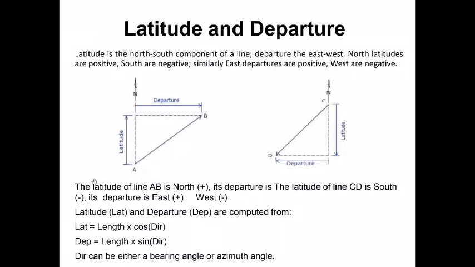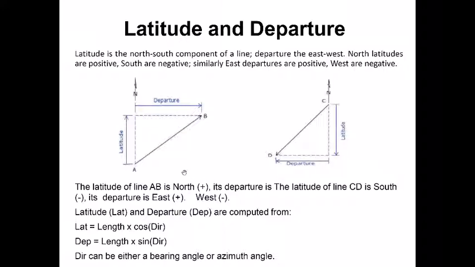If you draw the reference at the point A, the y component or the north-south component lies in the northern quadrant. And for the line CD, again, if you draw the origin at the point C, now it lies in south. And the departure for AB lies in east, and the departure for CD lies in west.